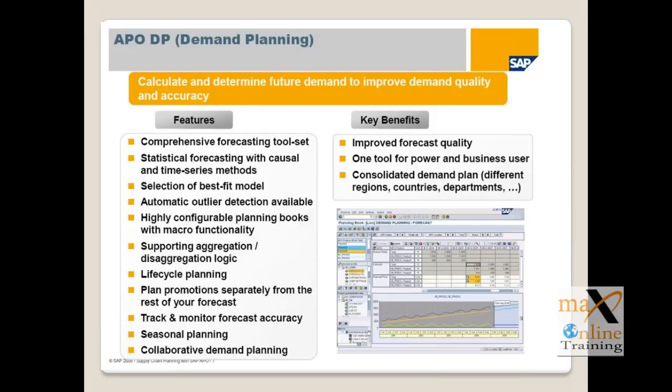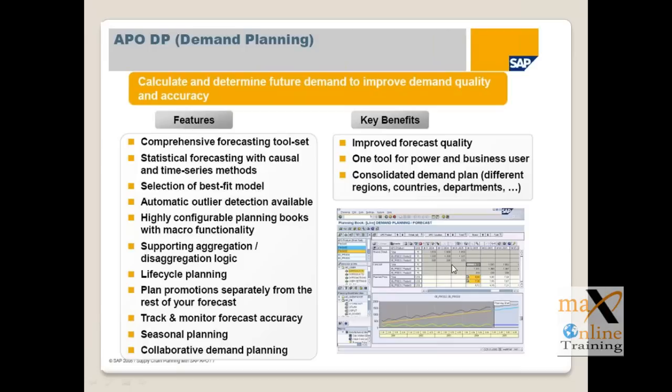So different departments and different regions or countries can access one piece of information on one screen. It's like centralization, with everybody on the same page, so information sharing and accessing is very easy.